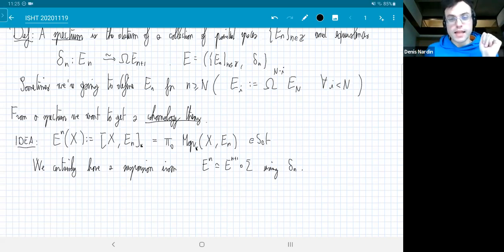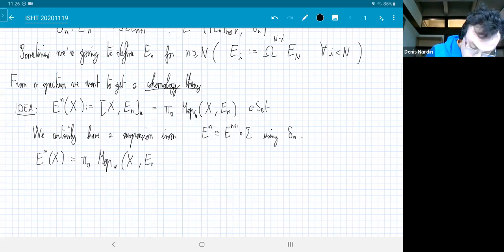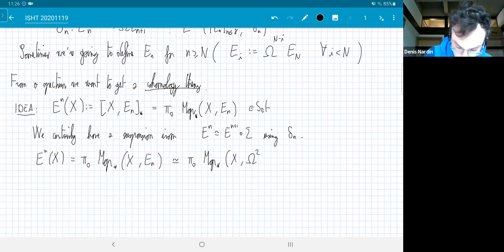If you say it in exactly the right way, the abelian group structure is automatic. But rather than do the exercise for you here, I'm going to tell you how, from a spectrum, you automatically get something valued in abelian groups. The trick is, I said E^n(X) is π_0 of pointed maps from X to E_n. But that's, for example, π_0 of pointed maps from X to Ω² E_{n+2}.